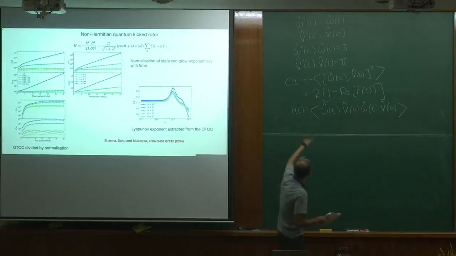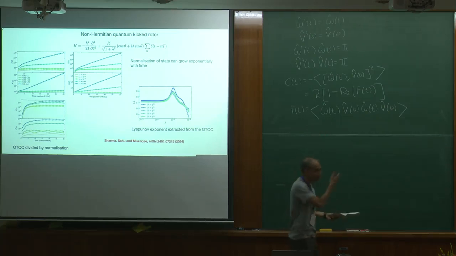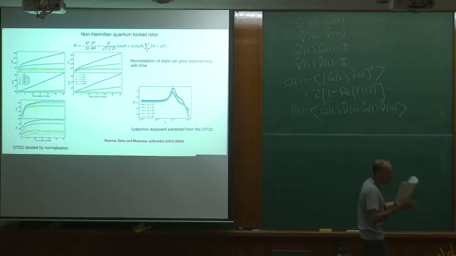So if you're looking at the OTOC, which is either that or this, it doesn't matter which way you define it, because they're just related to each other in a simple way, then that is going to become non-zero as a function of time because W of t is spreading.